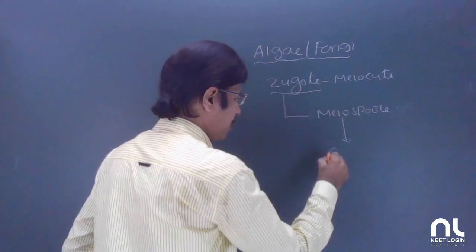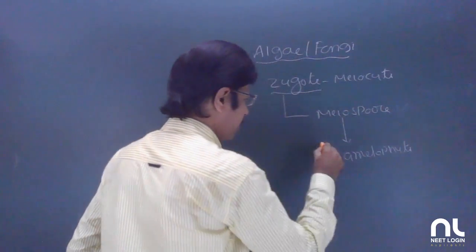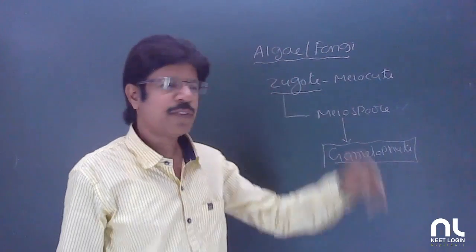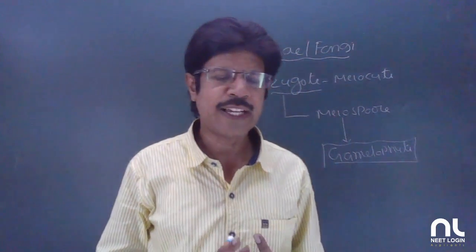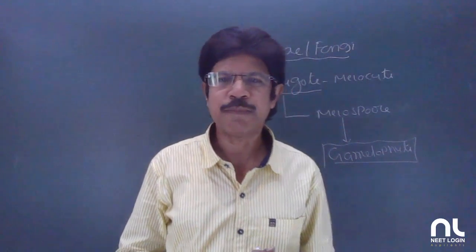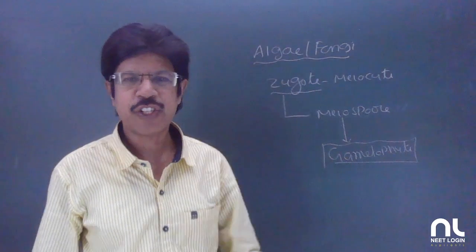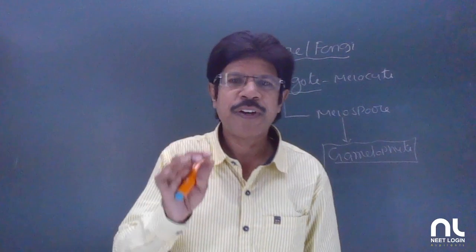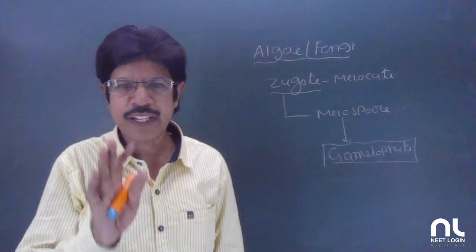This meiospore develops into gametophyte. This gametophyte in algae and fungi performs vegetative, asexual as well as sexual reproduction. Which is the meiocyte in algae and fungi? Zygote. There is no free-living sporophyte. The sporophyte is represented by the single-celled zygote in algae and fungi.